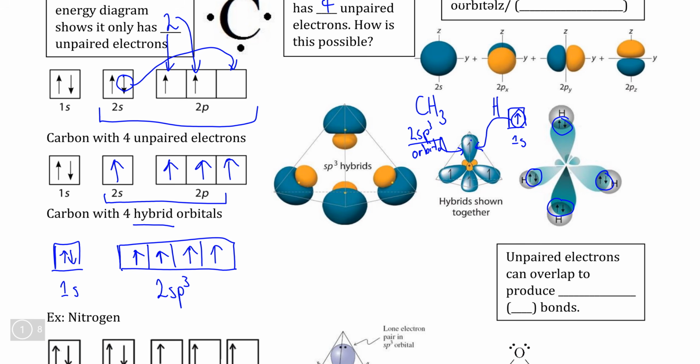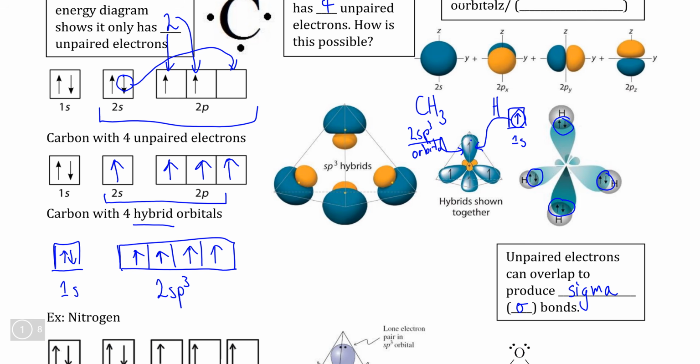Now, one of the terminologies that we're going to go over is that there are actually different types of bonds depending on how this pairing occurs. So unpaired electrons from one element and from another element, sp3 orbitals, can overlap in order to form a pair, and this overlapping is what we call a sigma bond, which we represent with the Greek letter lowercase sigma.